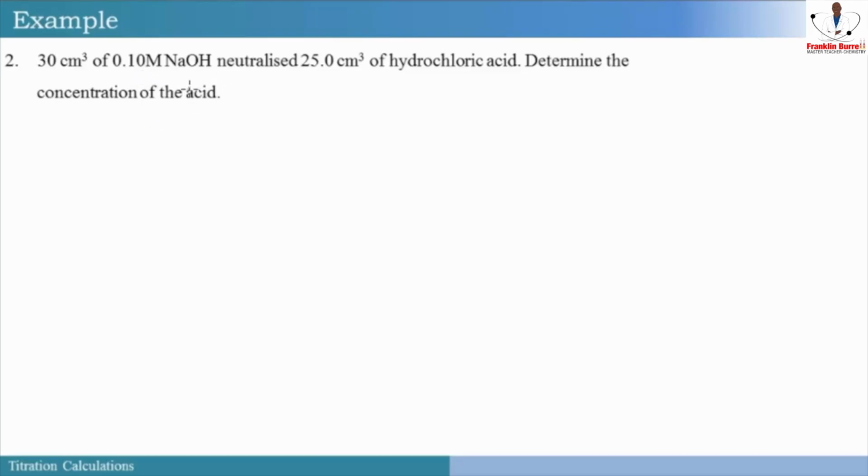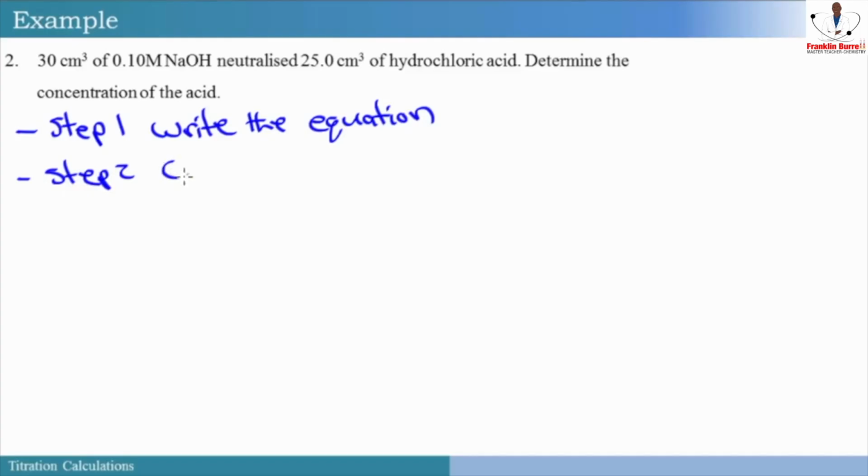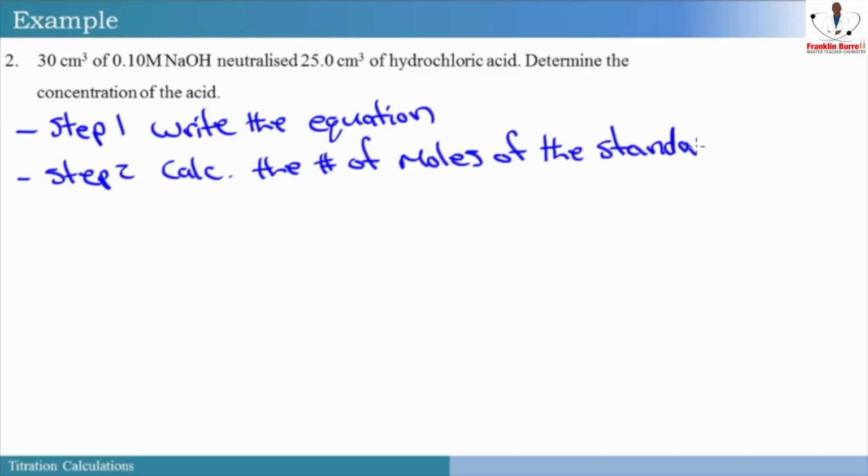In this case, the sodium hydroxide is a standard solution, which we would put in the burette. So let's write down the steps so you can carry out this calculation on your own. So step 1 would be to write the equation. Step 2 would be to calculate the number of moles of the standard solution.